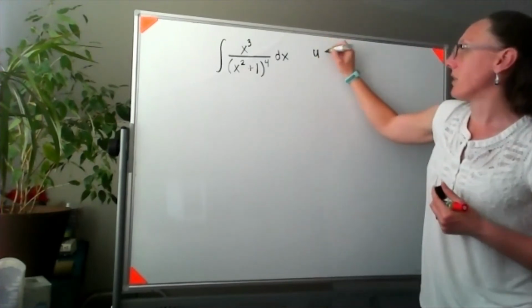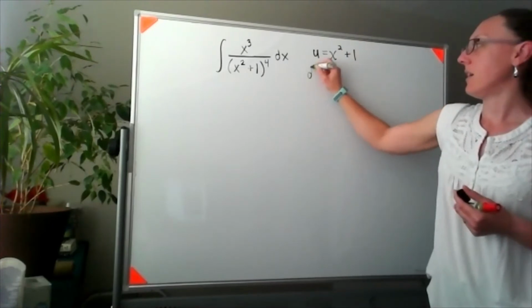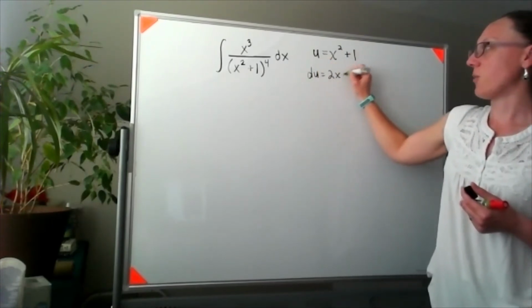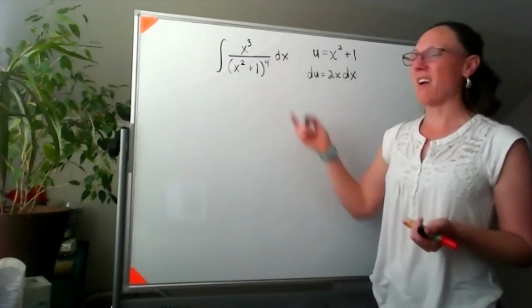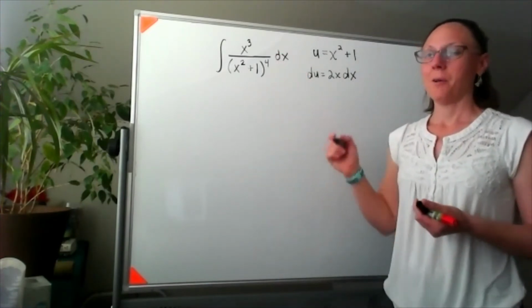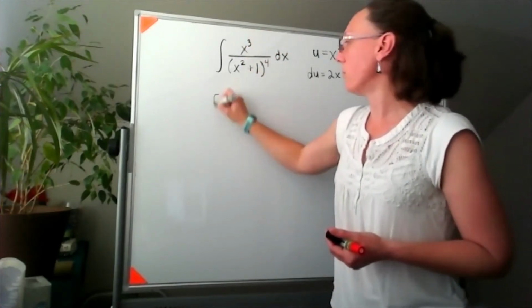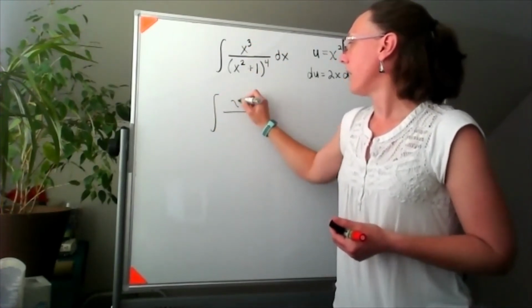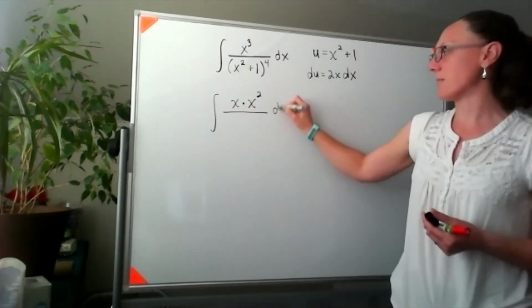And if I were to let u be equal to x squared plus 1, then du is 2x dx. And when I did this before, I said, I don't have that in the numerator. But if I'm clever, I can think about that x cubed as x times x squared.